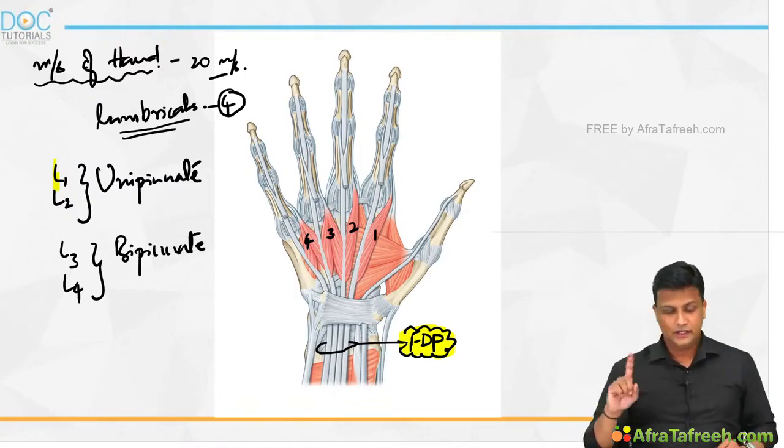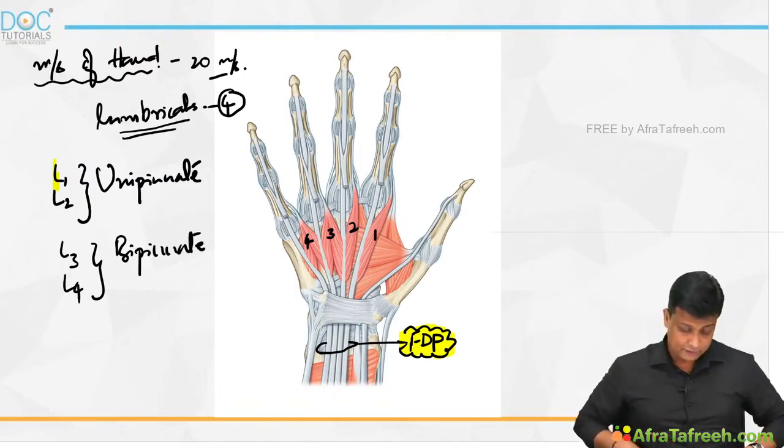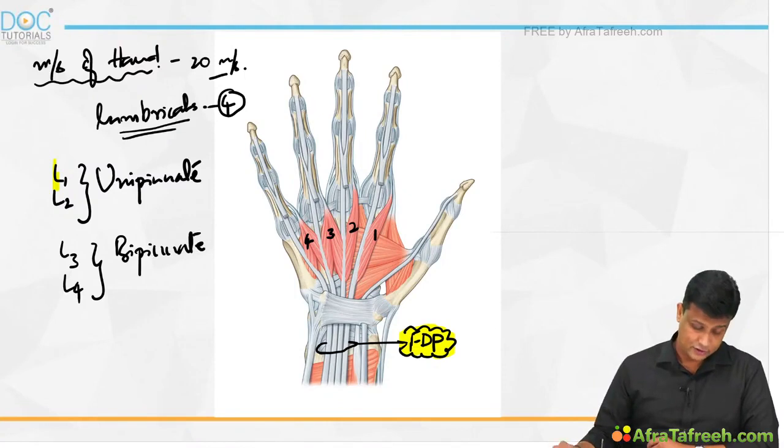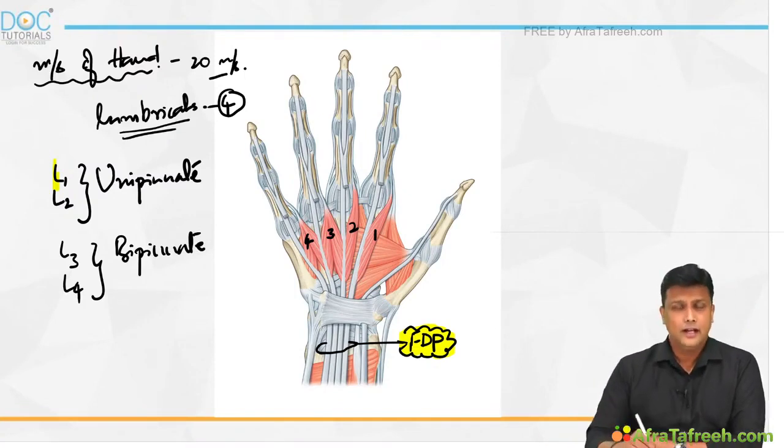So lumbricals 1 and 2 are unipinnate, and 3 and 4 are the bipinnate ones, guys. And what about the nerve supply?